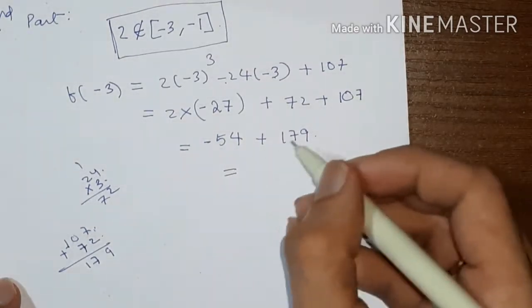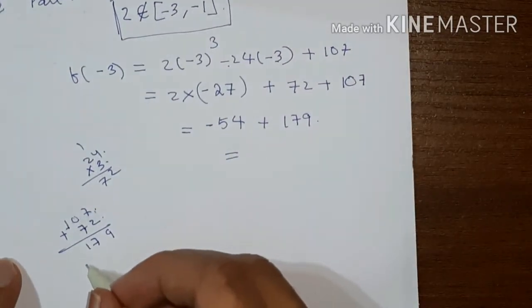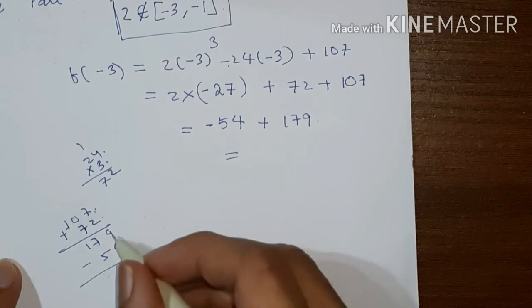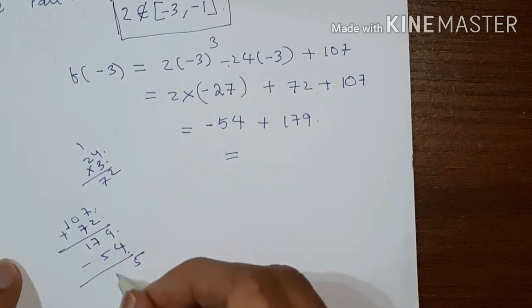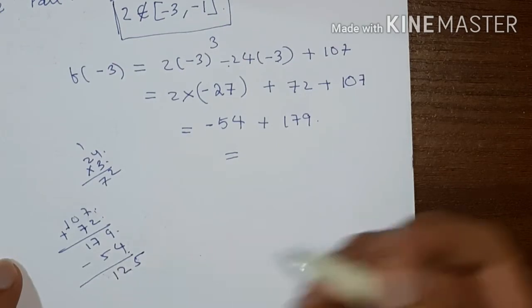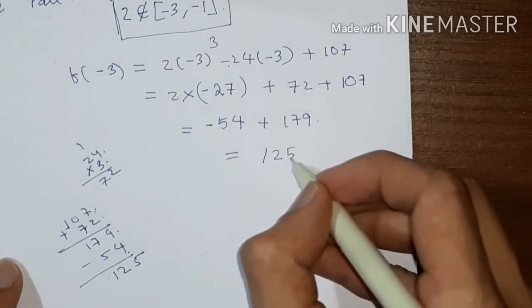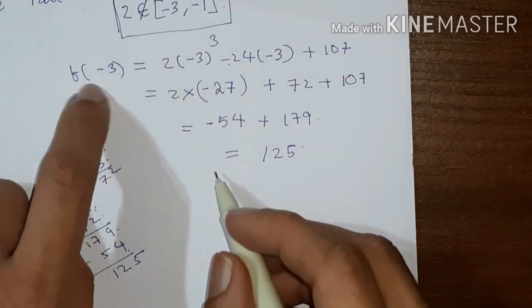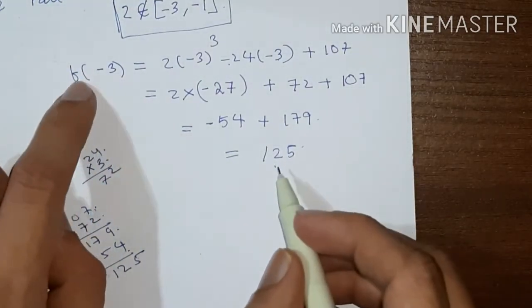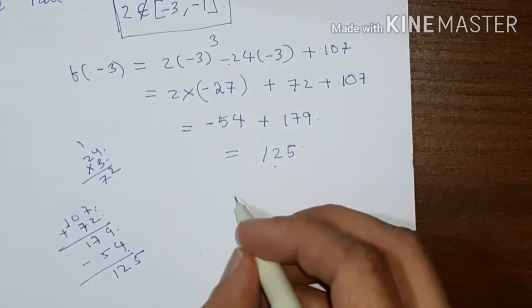Now what is 179 minus 54? 9 minus 4 is 5, 17 minus 5 is 12, so 125 you are getting at the point minus 3. So 125 is the value of the function at the point minus 3.